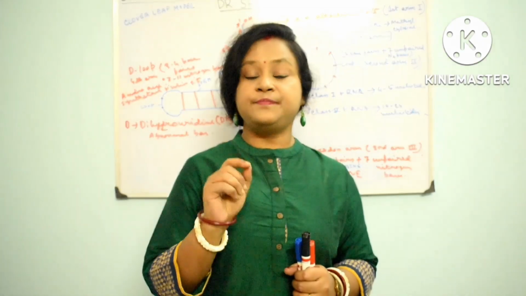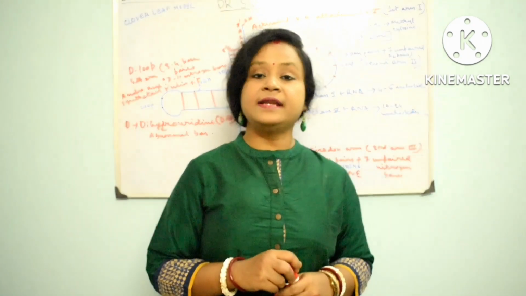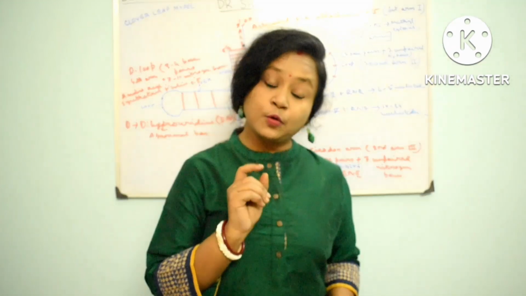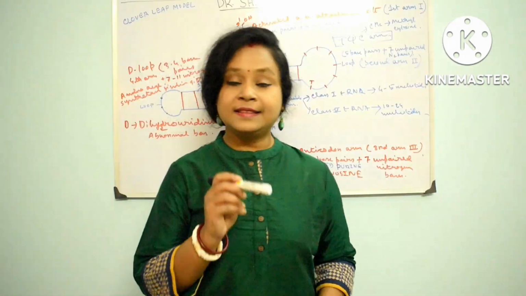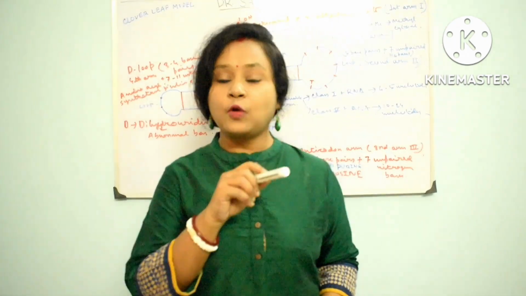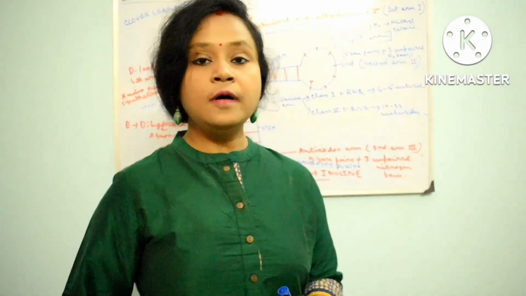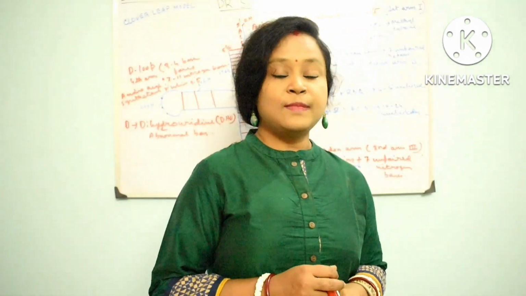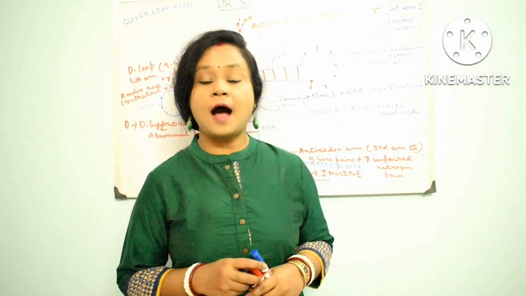They are important because they protect the tRNA molecule against degradation by RNases. This protection is necessary because this RNA is found floating within the cell. So that's all about tRNA. My next lecture will be about rRNA.